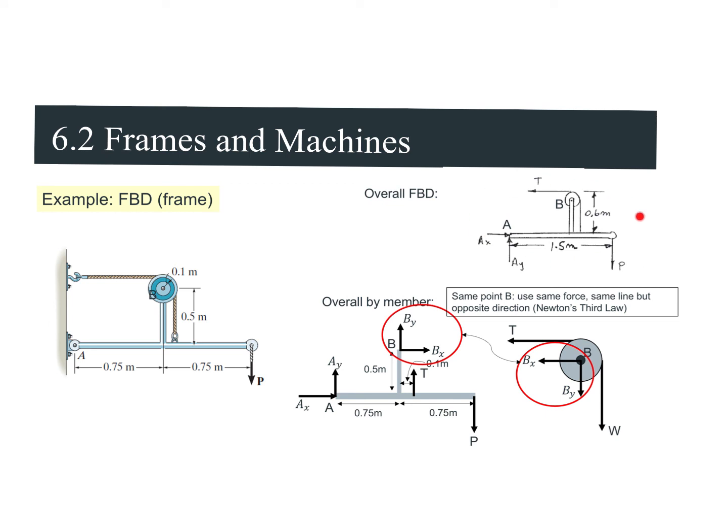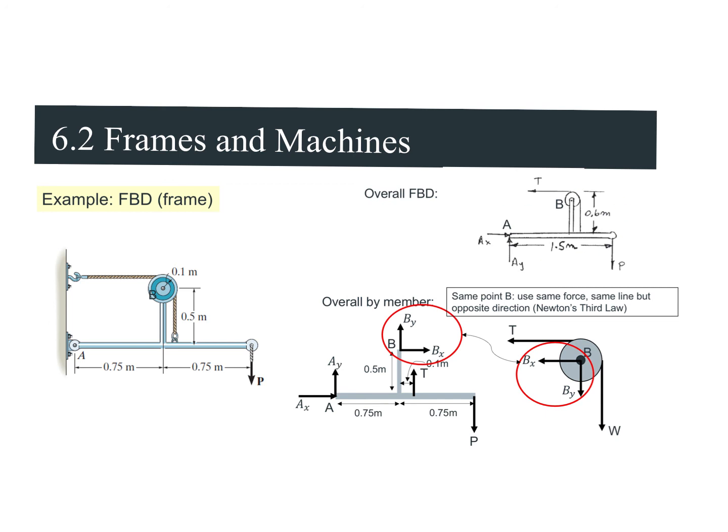So for the overall, we only focus on the forces that are absolutely there. This one is the standard; we have to come out with the standard forces that should be there for the overall.